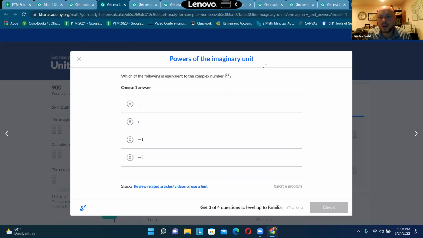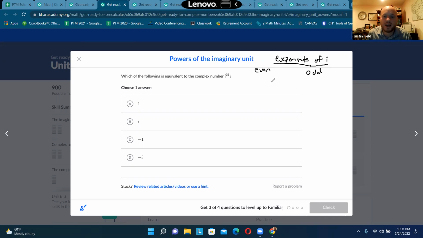When you think about your exponents of i, they're either even or they're odd. And then you can divide by 2, and you can divide an even number by 2 and end up with an even number, or you can end up with an odd number.